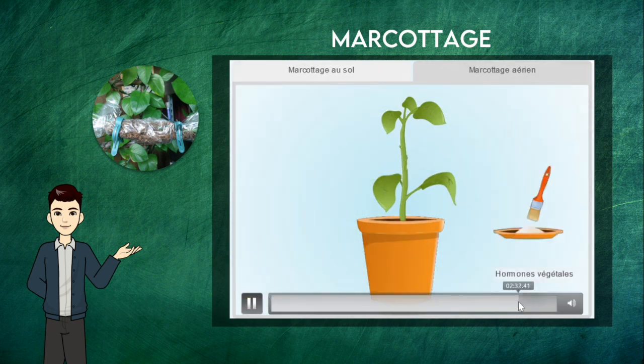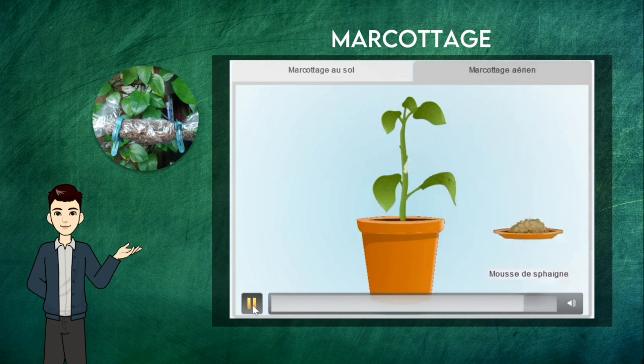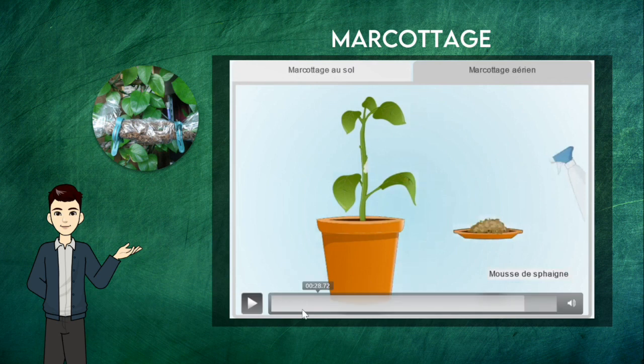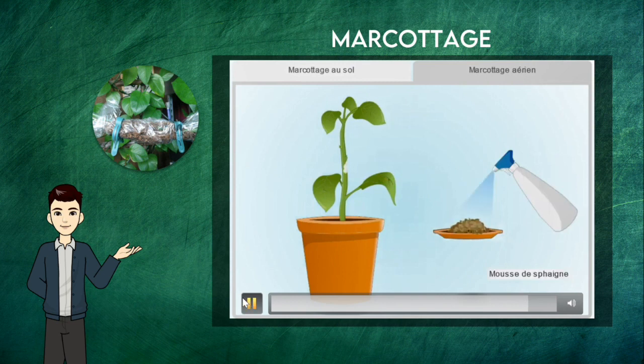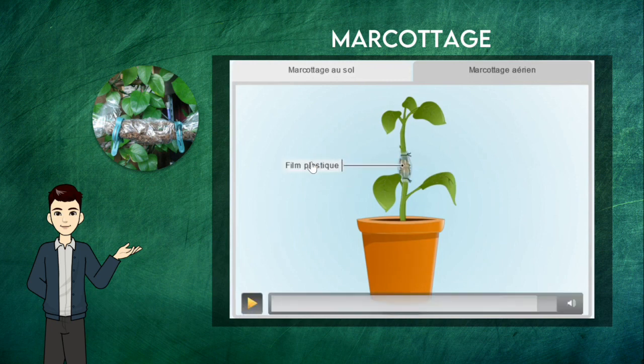The hormone helps the plants to grow faster, and you can see it sprays some water to make sure the soil here is wet. Okay, and we put it around the trimmed part, and we cover it with plastic film so it holds there.